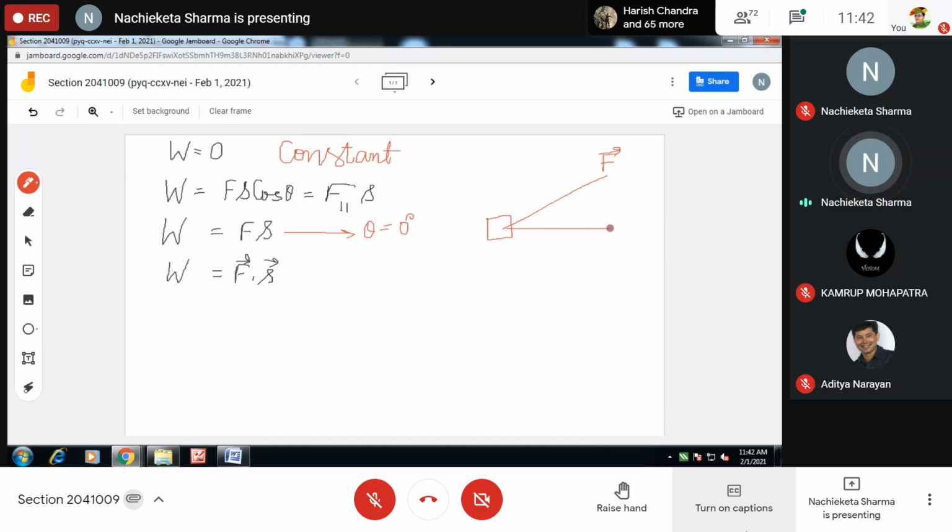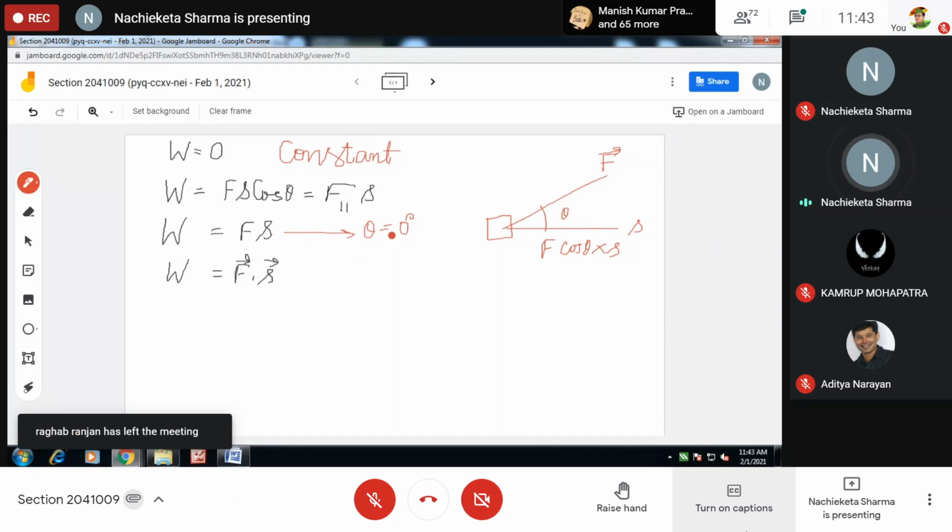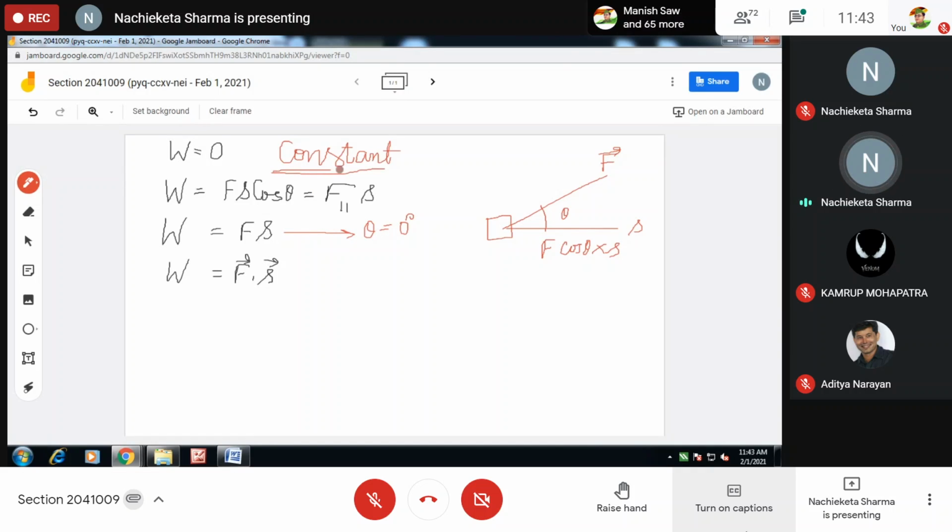If this is S and this is theta, then F parallel, or F cos theta, into S. Here force and displacement make an angle theta with each other, but there they make theta equal to 0 degree. The important thing is that this is all valid for constant force.